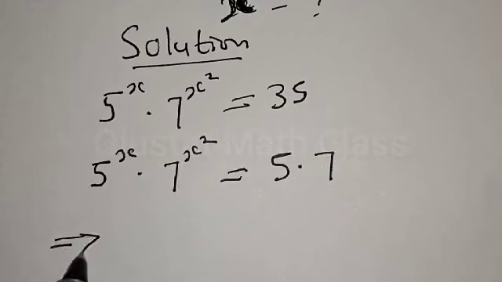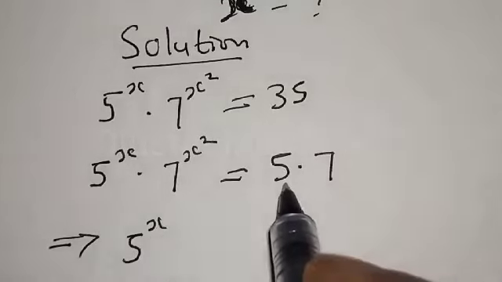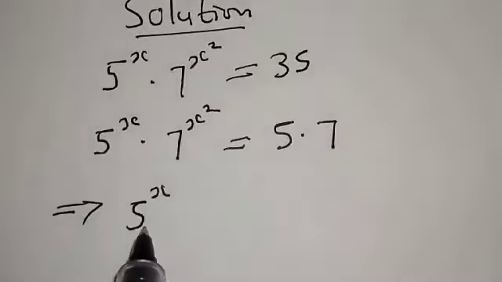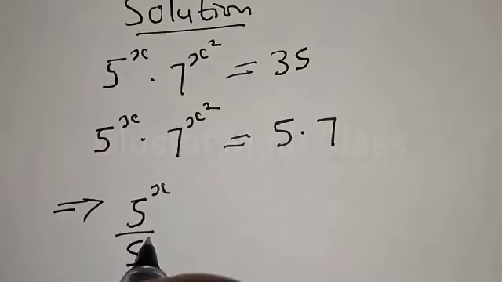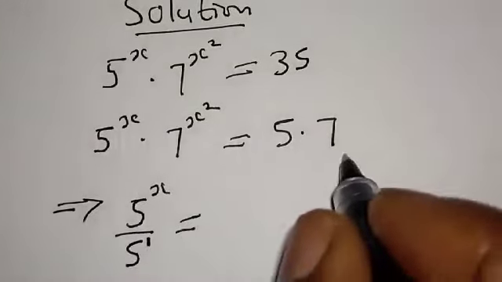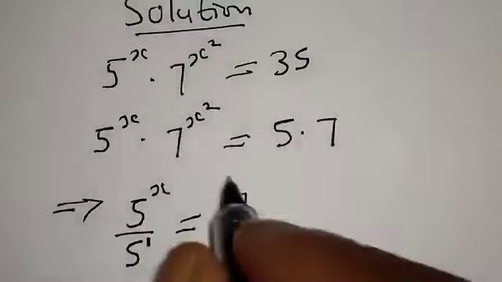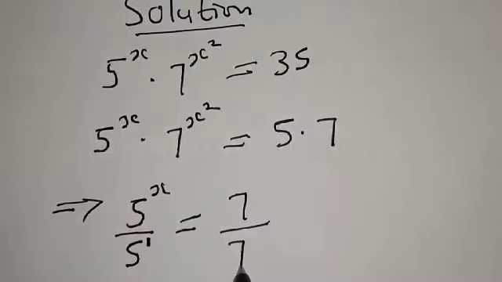This implies that we have 5 raised to power x divided by 5, and 5 is the same thing as 5 raised to power 1, equal to 7 divided by 7 raised to power x squared.